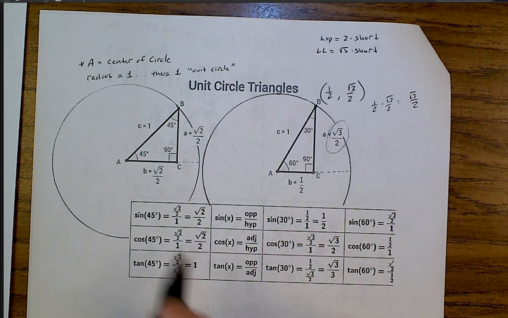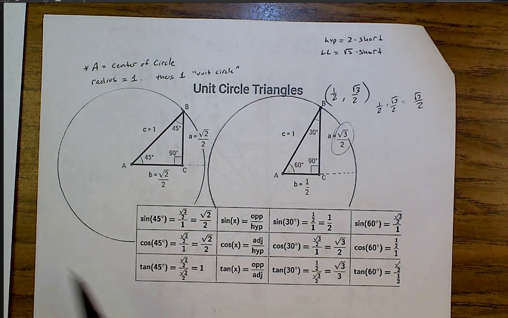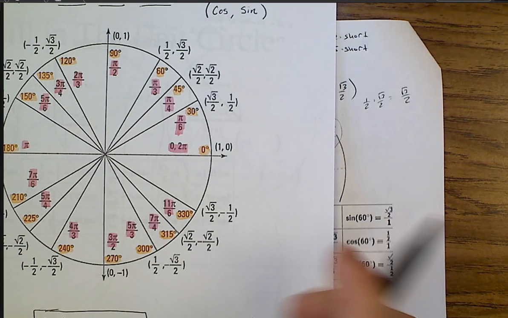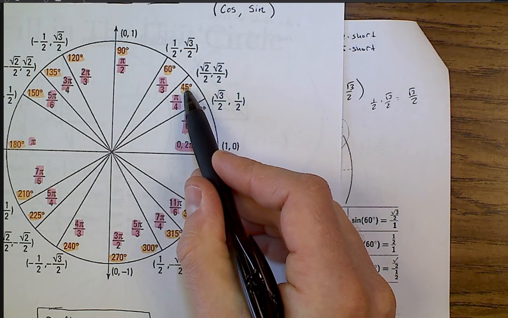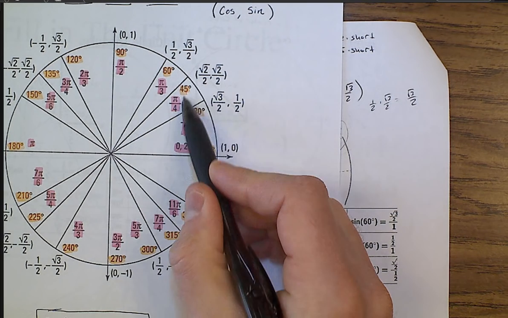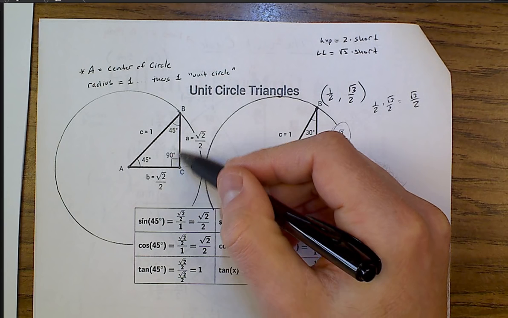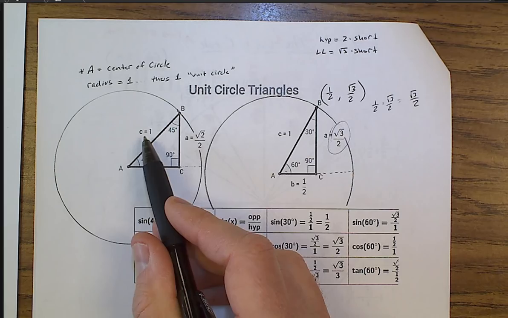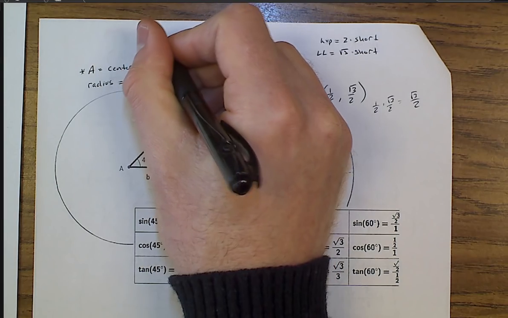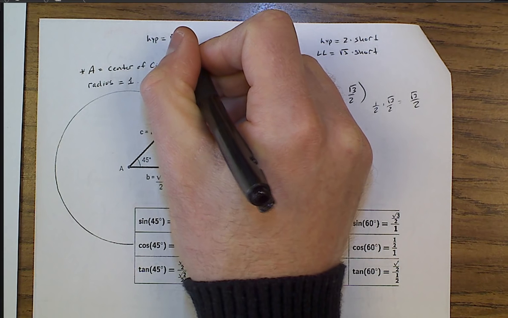Likewise over here for a 45, 45, 90. If this is 45 degrees, so I'm sliding this over, this 45 really goes here, so with this 45-degree angle we would come up and draw this triangle straight down, and that's how we get this triangle in our unit circle. If our hypotenuse is 1, remember that for 45, 45, 90 the hypotenuse is the square root of 2 times a leg.